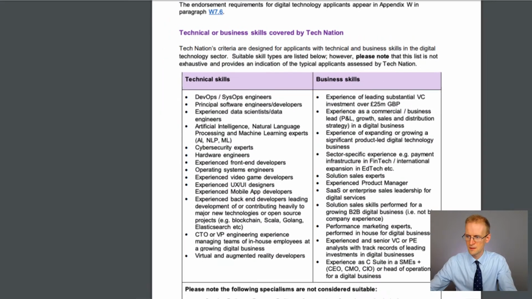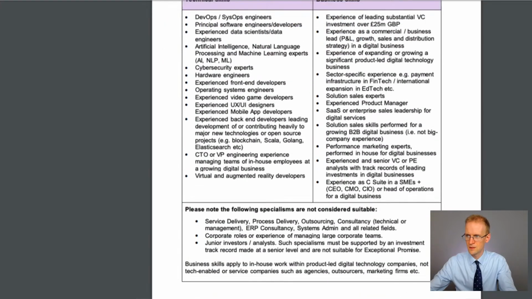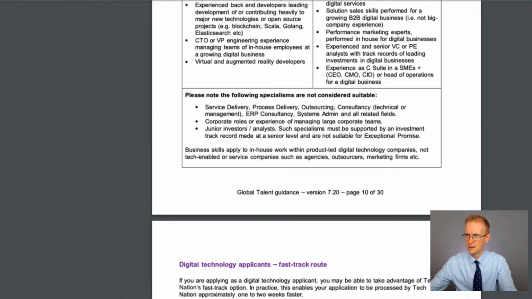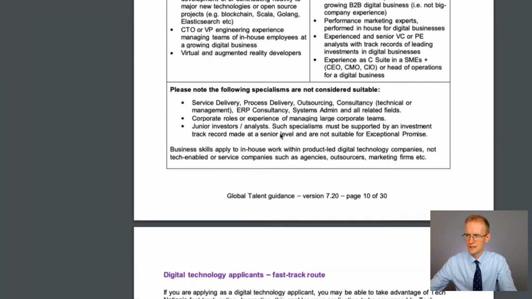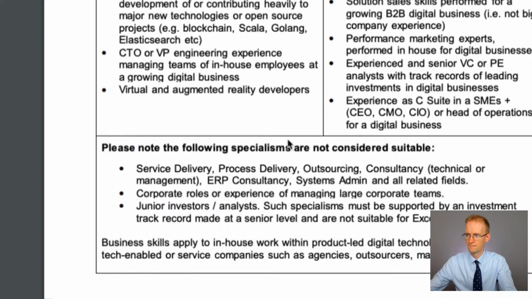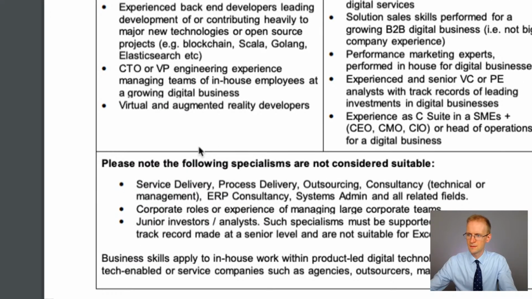Now, if we just zoom out, the next thing you should do, having confirmed that you're within one of these lists, obviously this is just for digital rather than arts and so forth, is to make sure you're not covered by one of the exclusions here. So just get a good color to highlight this in.